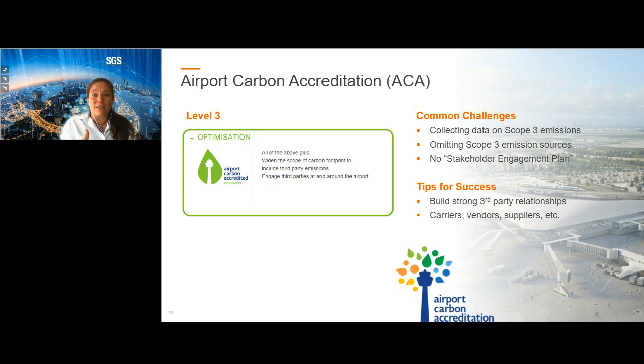So you better select how you see your airport through the future, in order to tell ACA, yeah, I think I'm absolute, or I'm by cargo. But remember, level 4 is on absolute. So I think sooner or later, you have to move to absolute, because the reductions to net zero are in absolute emissions.